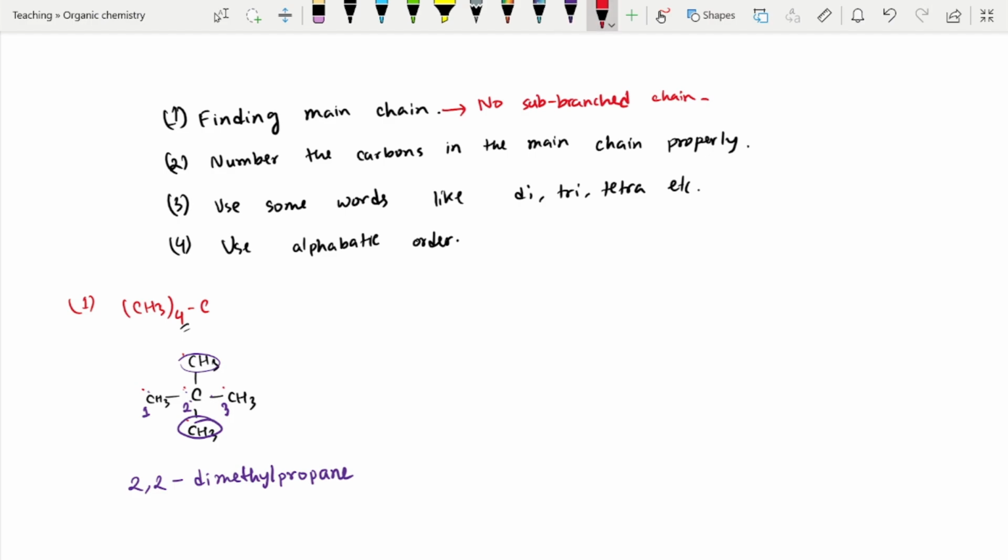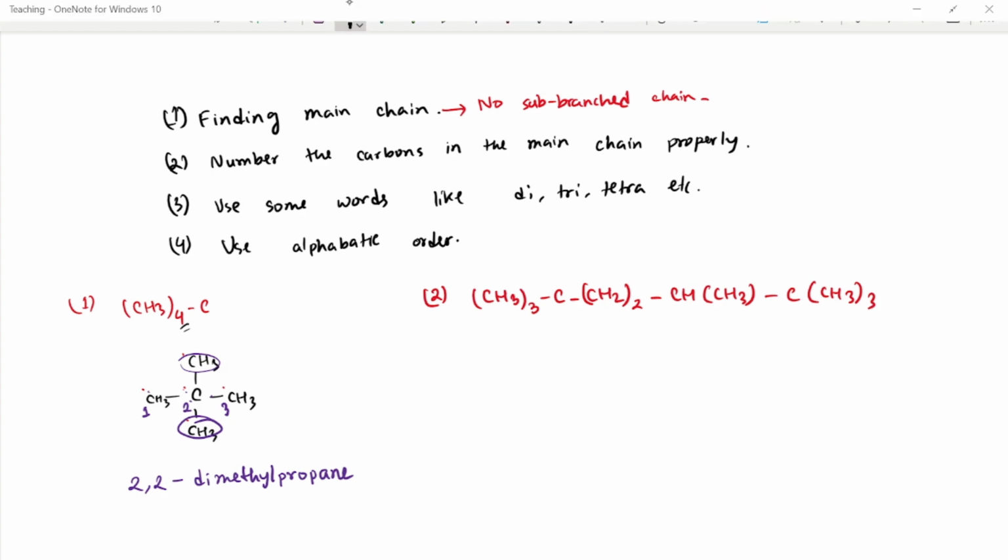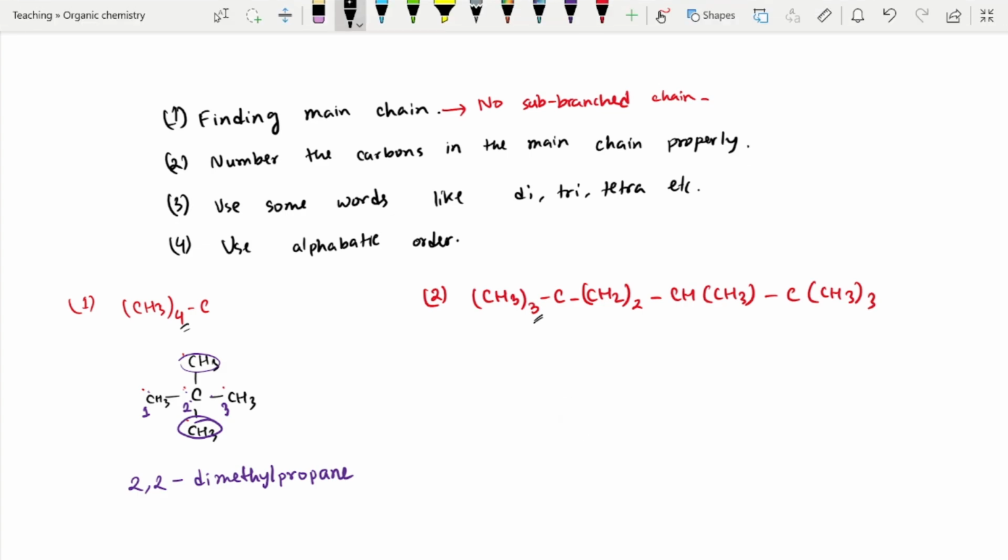Okay, let's do another practice, which is CH3, bond C, bond CH2, bond CH, bond CH3, bond C, CH3, CH3. Okay, let's split it. There are 3 methyls connected with this carbon: 1 methyl, 2, 3.